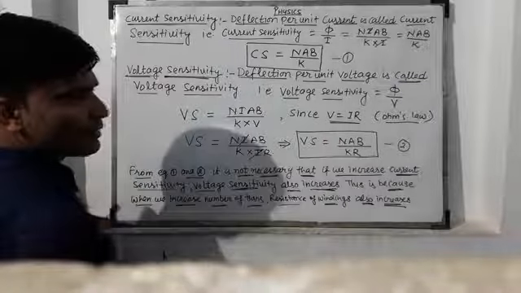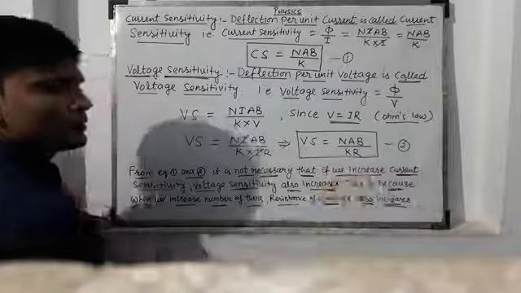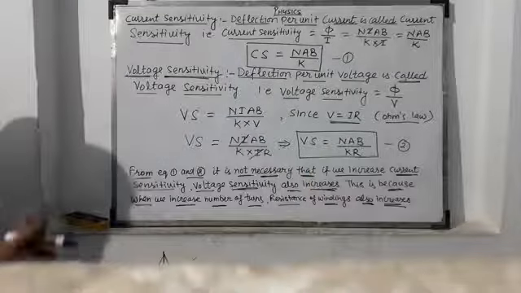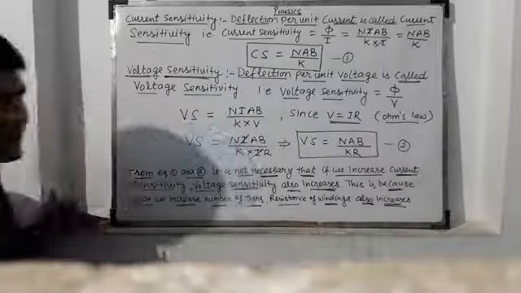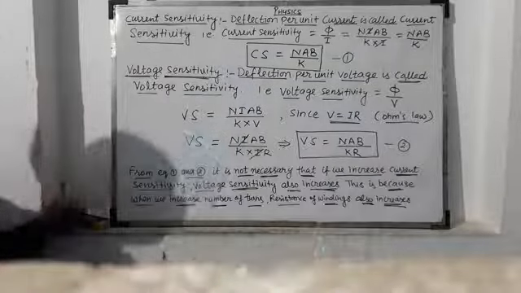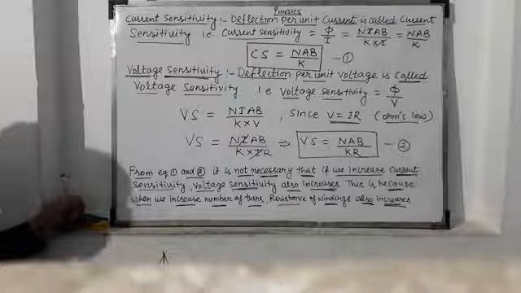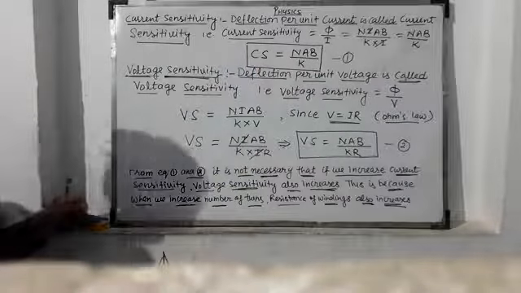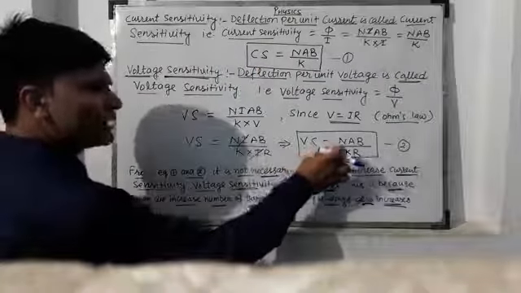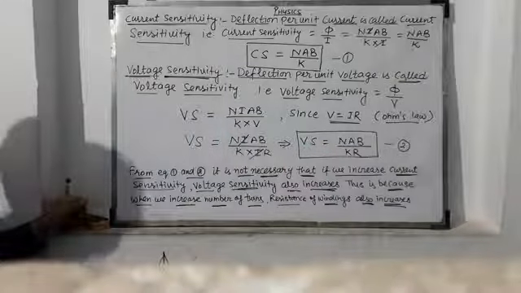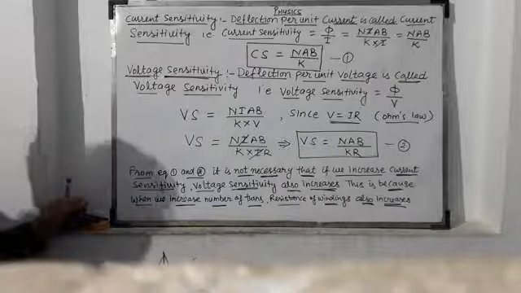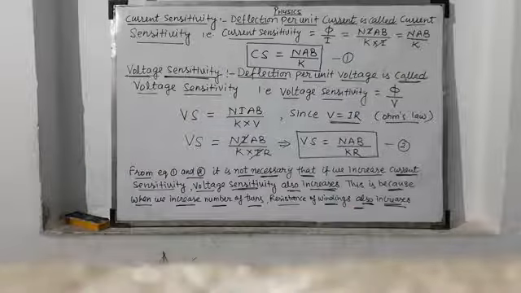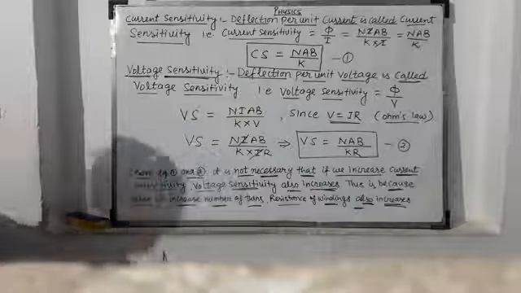So the increase in number of turns and the increase in resistance can negate the effect of increasing voltage sensitivity. That's why when current sensitivity increases, voltage sensitivity does not necessarily increase. Sometimes it can happen, but not all the time. With this, we complete chapter number 4.